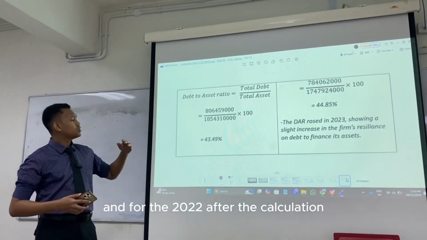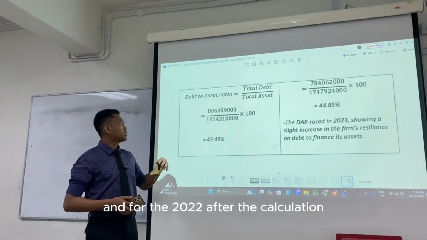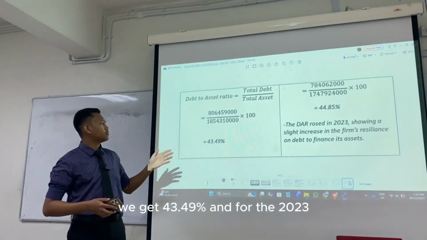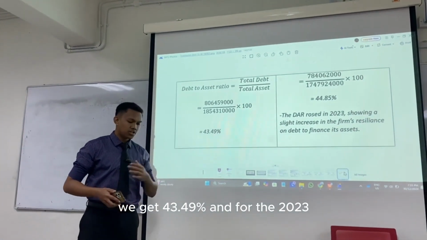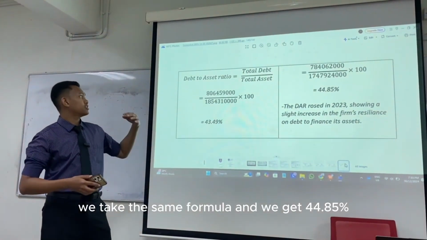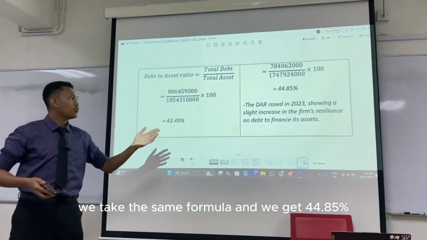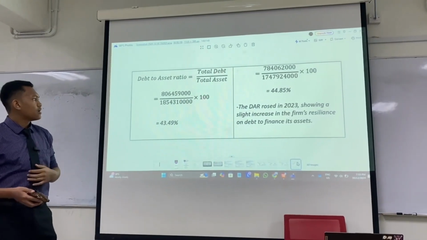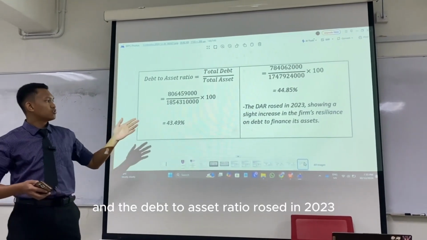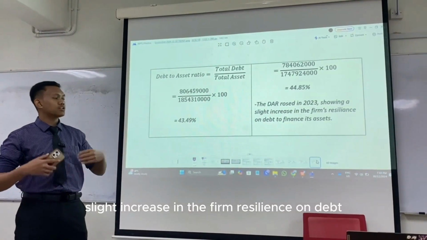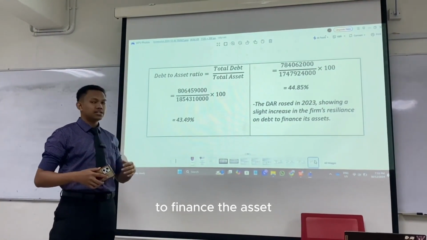For 2022, after the calculation, we get 43.49%. For 2023, we take the same formula and we get 44.85%. The debt to asset ratio rose in 2023, showing a slight increase in the firm's reliance on debt to finance its assets.